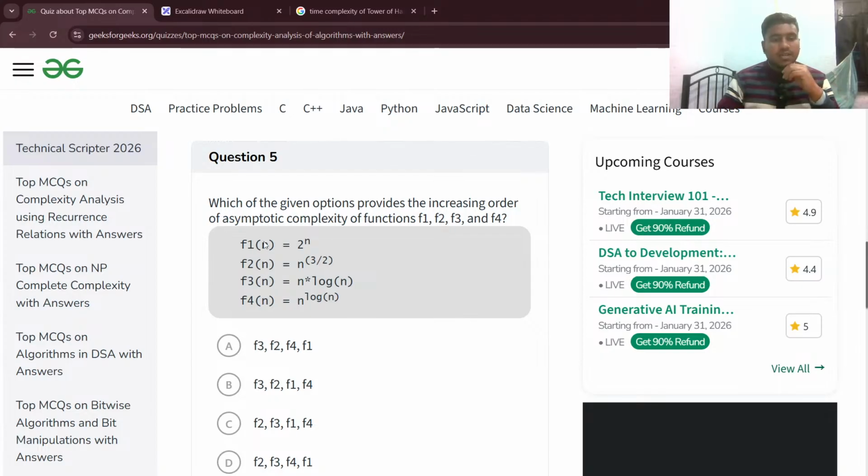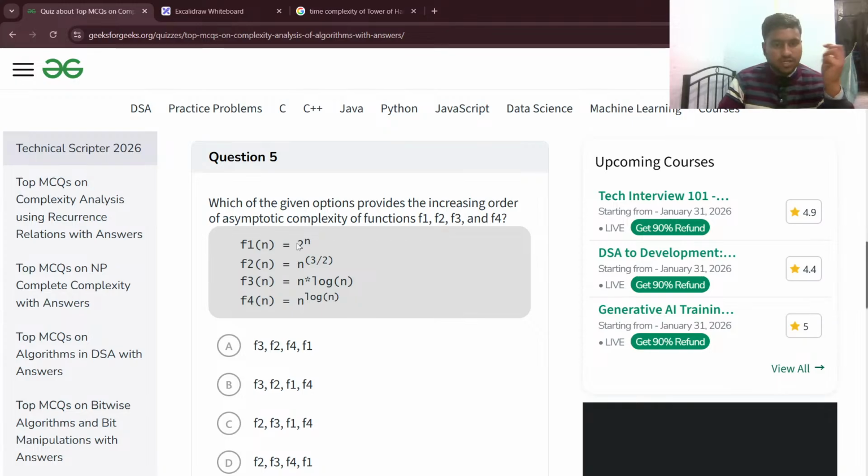So let me check in F1 to F4 which function has the higher growth rate, and according to that we have to arrange all of them in this sequence. Among the four given options we have to choose the one that fits the best order.